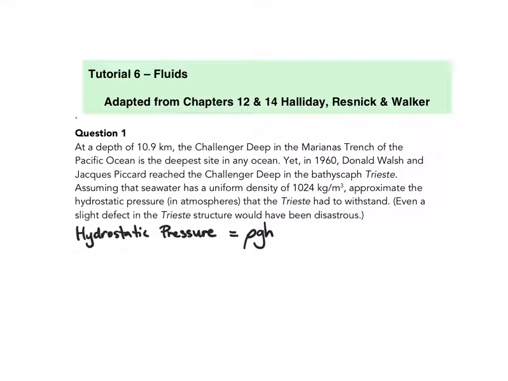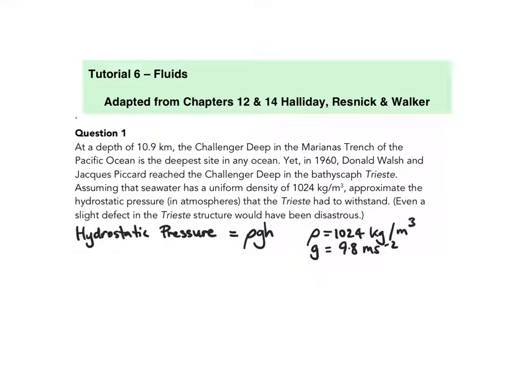We can say that our density is 1024 kgs per cubic meter. Okay, that's salty water compared to 1,000 kilograms or 998 for fresh water. We also have g. Let's say it's 9.8 meters per second squared.